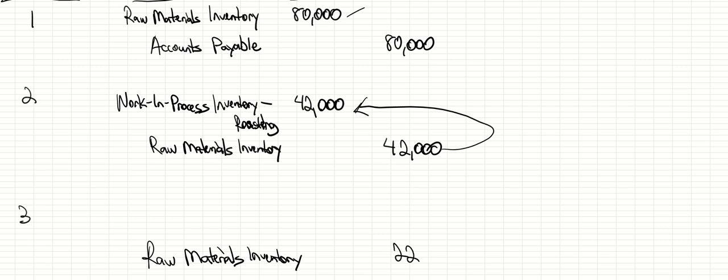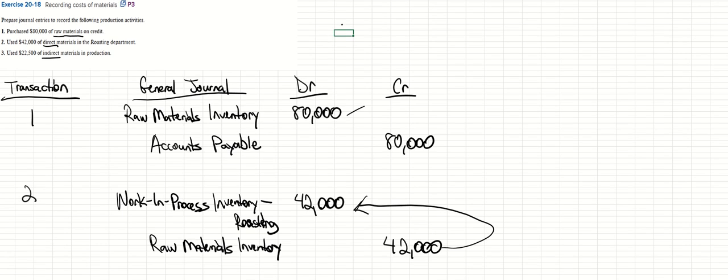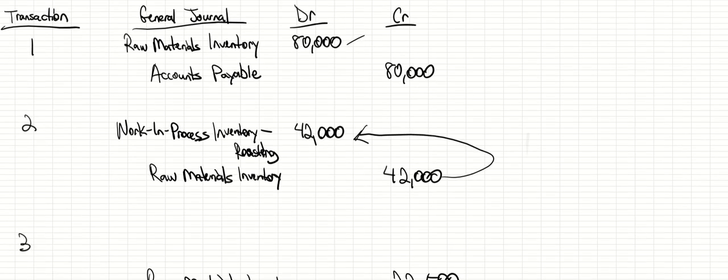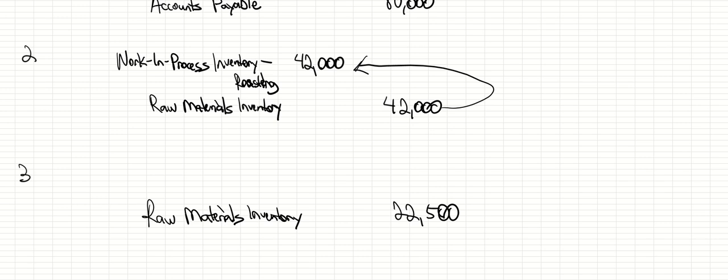for $22,500. Now, since this is related to indirect materials in production, indirect costs such as indirect materials and indirect labor get recorded in factory overhead, because it's indirectly involved in the production process.